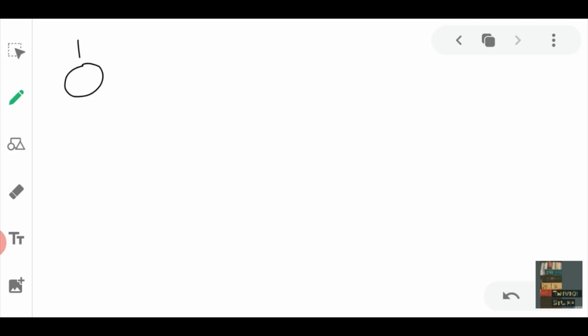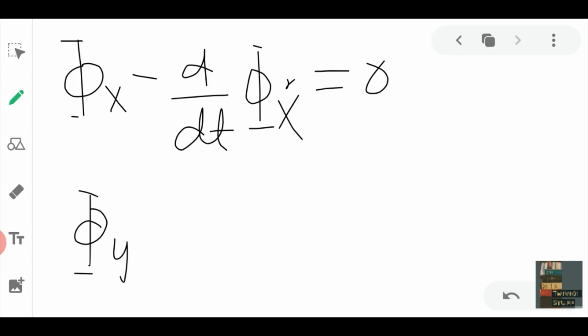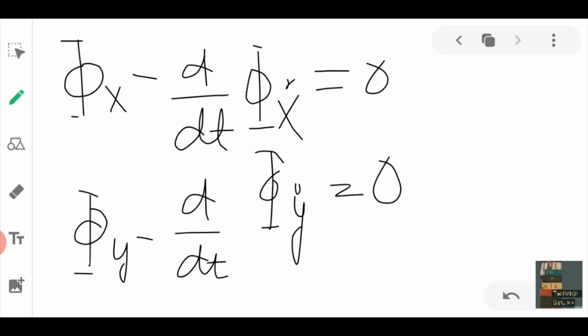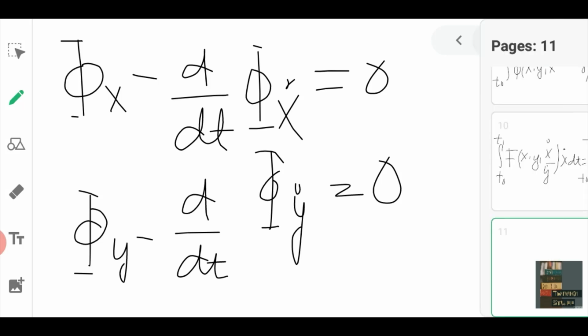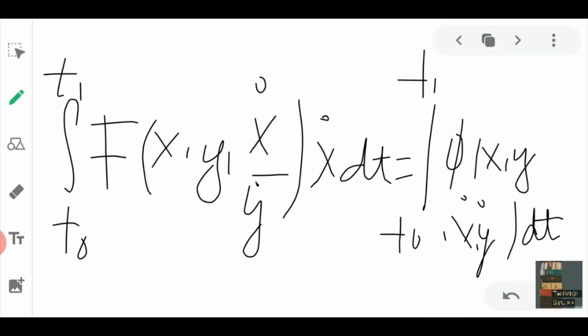So let us write the system of Euler equations, which is phi sub x minus d over dt of phi sub x dot equals 0, and the second equation in y equals 0, which must be equivalent to the functional on the left hand side, because these are equivalent to each other.